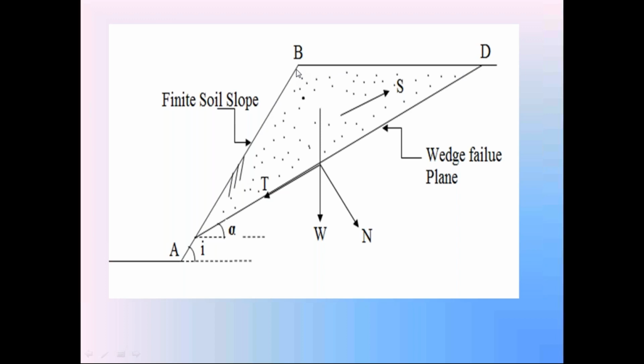Now in this diagram, AB is the finite side slope. We are going to check the stability of this finite side slope. Stability means in the finite side slope, in future about which failure surface this side slope is subjected to failure.